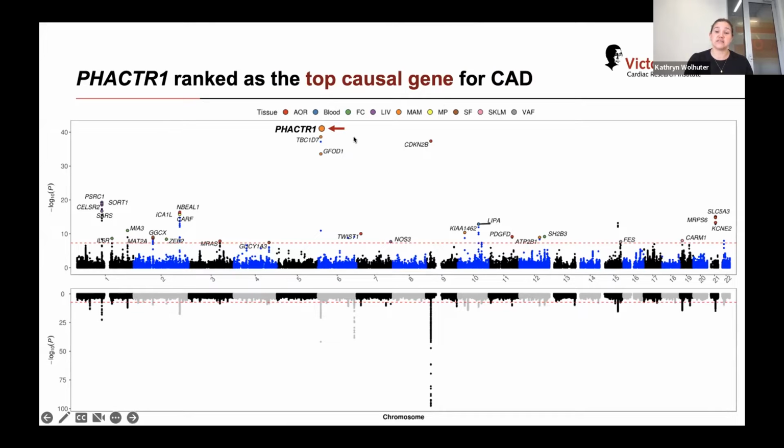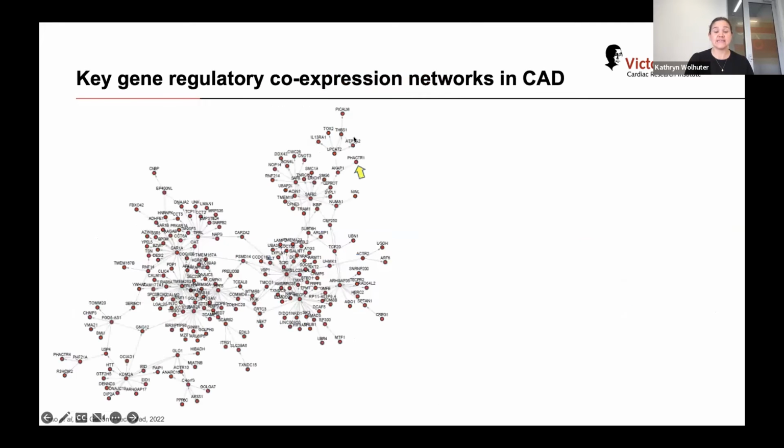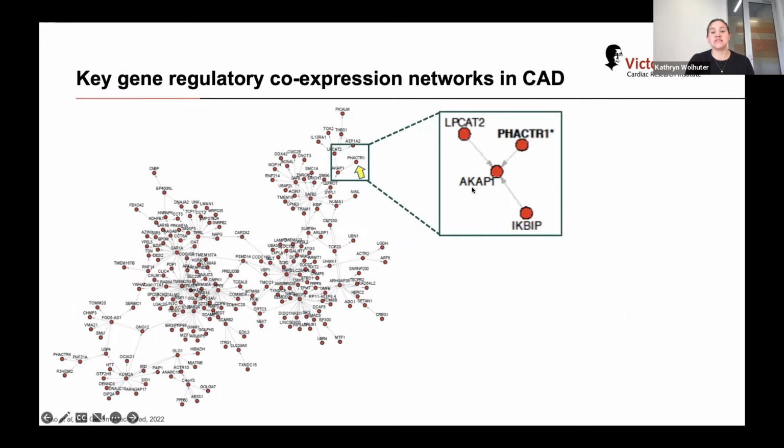for causing CAD. And as part of this study, we performed these co-expression networks where we looked at our key genes and we looked at what was in their second and third order of influence. When we zoom in for factor 1, you can see that there's only one gene in its second order network, and this is ACAP1.